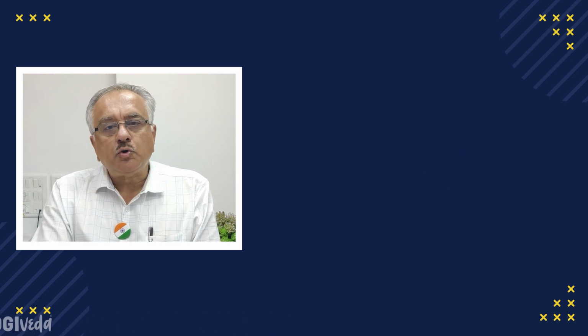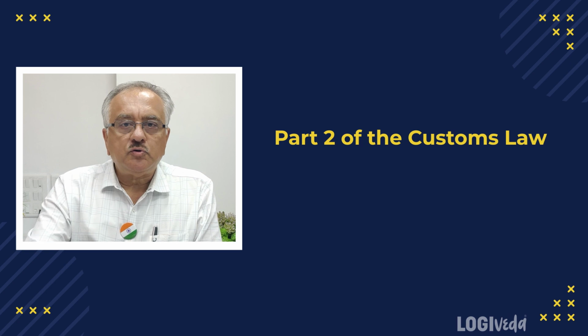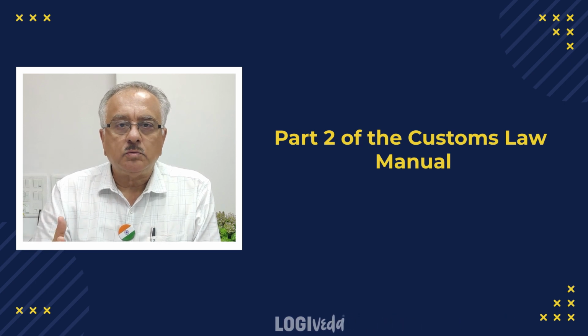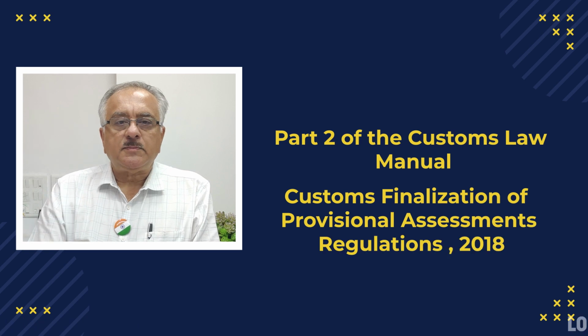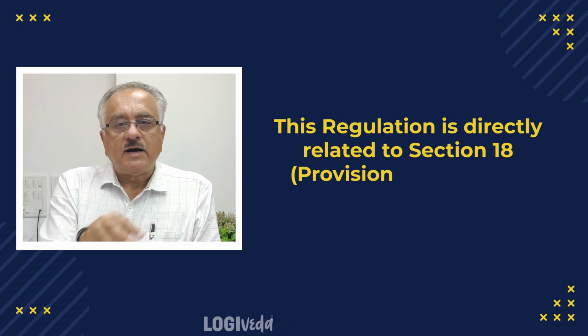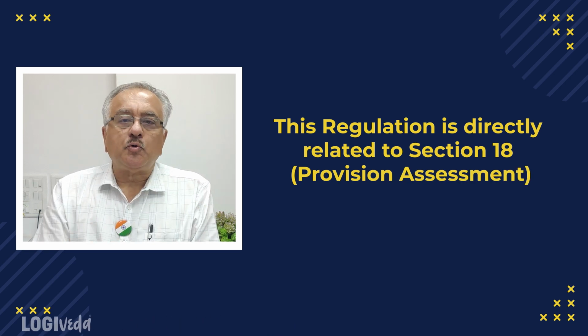Therefore, you move to Part 2 of the Customs Law Manual, and there you will come across the Customs Finalization of Provisional Assessments Regulations 2018. This regulation is directly related to Section 18 where provisional assessment is done.